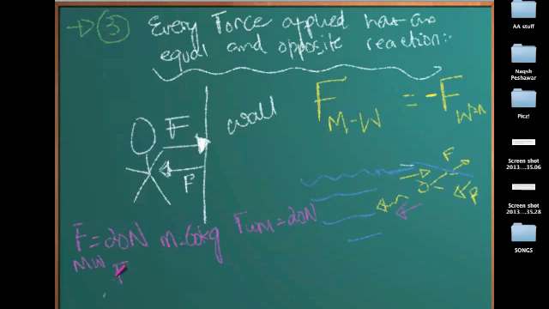Force is equal to mass times acceleration, so acceleration is equal to force divided by mass. Because of this force of 20 newtons that the wall is giving you, you have an acceleration of 20 divided by 60, which gives 0.33 repeating meters per second squared. So this is your acceleration in this direction.